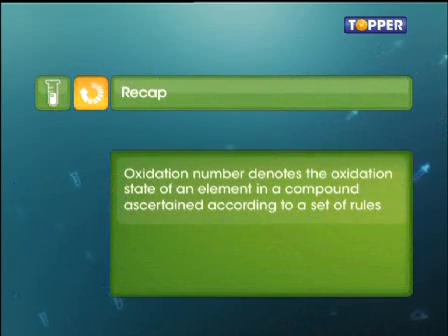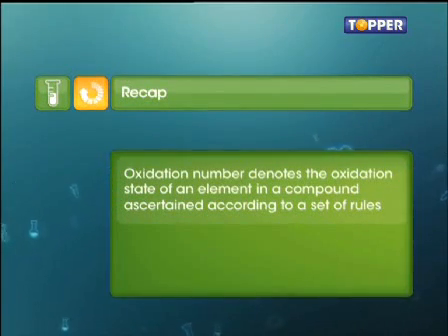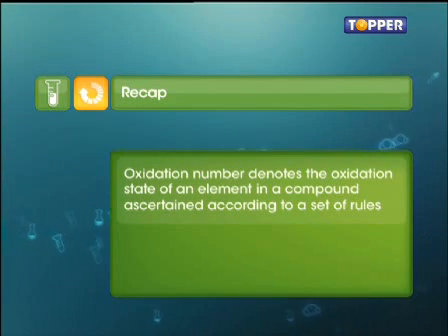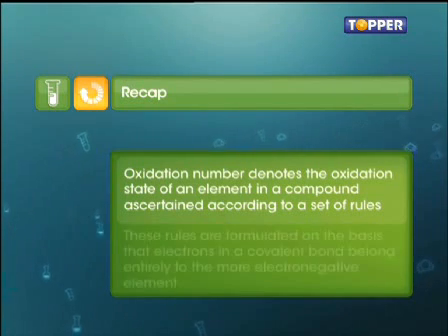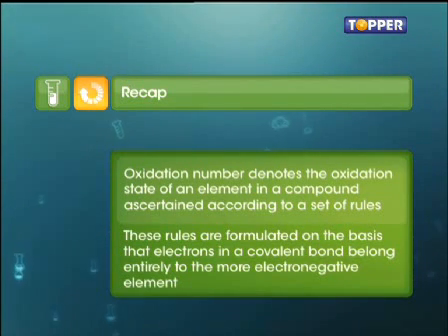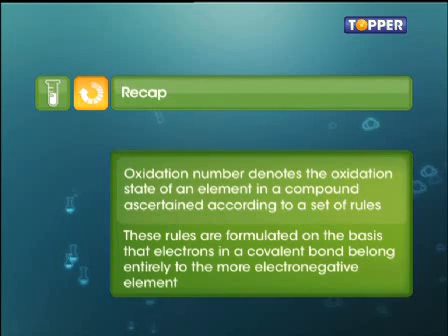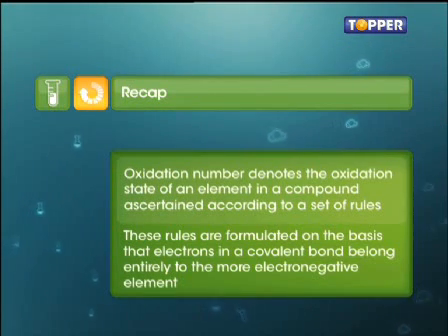Now let's have a quick recap of whatever we covered today. In today's episode, we learned that oxidation number denotes the oxidation state of an element in a compound ascertained according to a set of rules. These rules are formulated on the basis that electrons in a covalent bond belong entirely to the more electronegative element.